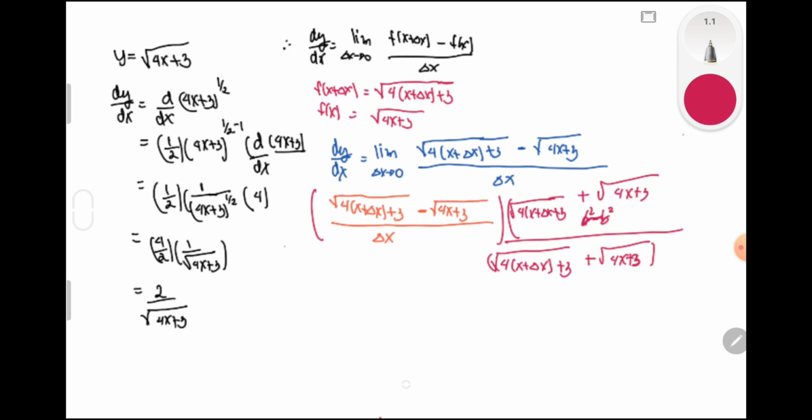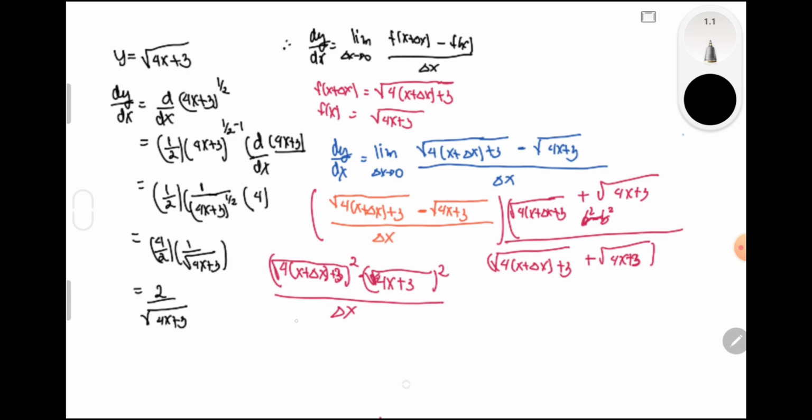So from this we'll have a value equal to a squared minus b squared, so we'll have 4 multiplied by (x plus delta x) plus 3, squared, minus, of course we have a square root, minus the square root of 4x plus 3, squared, divided by delta x.